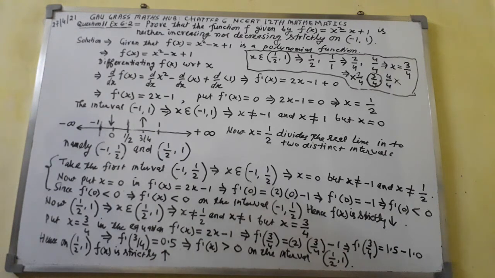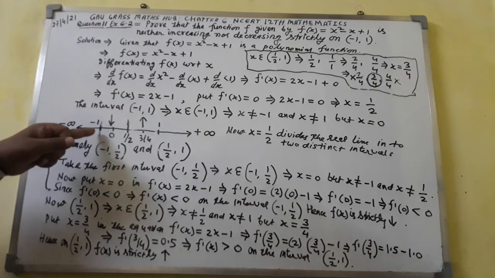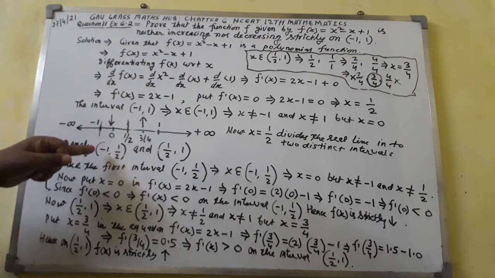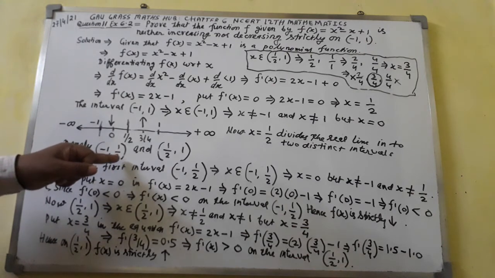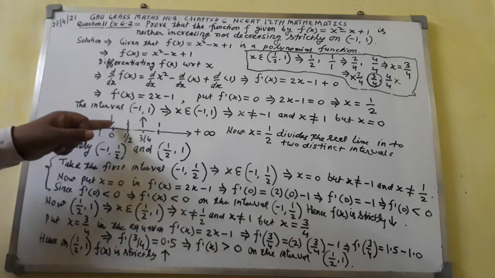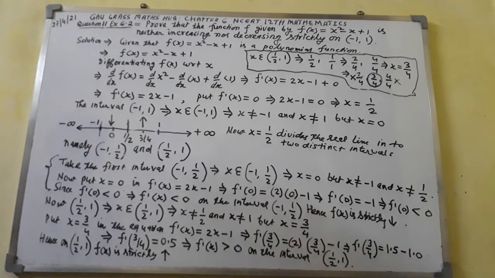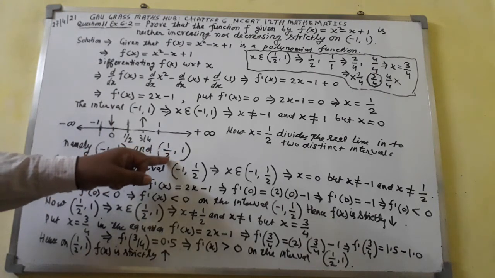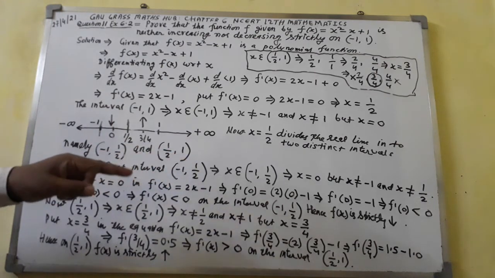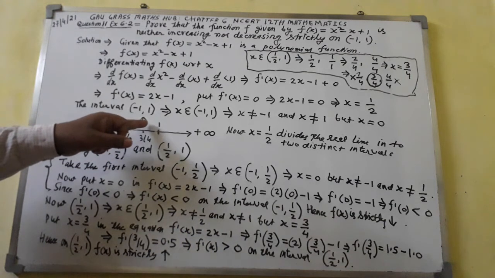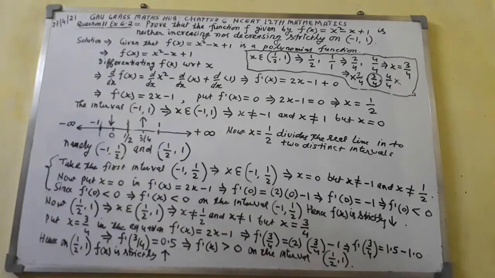So here you can see on the open interval -1 comma 1/2, f of x is strictly decreasing, and on the open interval 1/2 comma 1, f of x is strictly increasing. This thing you have to show.